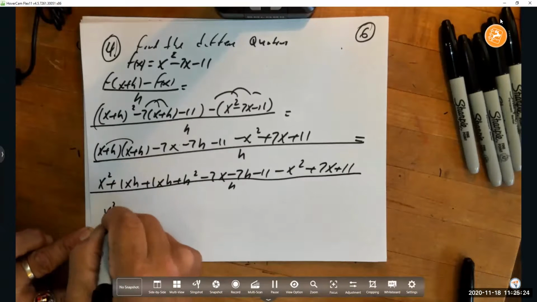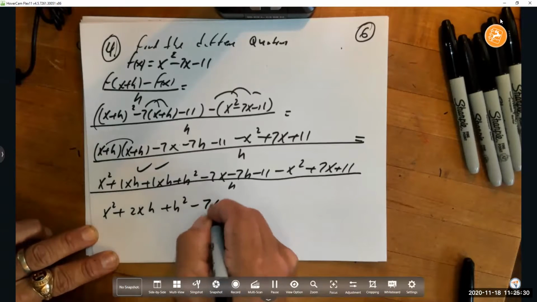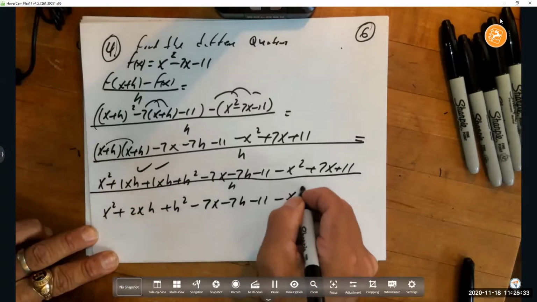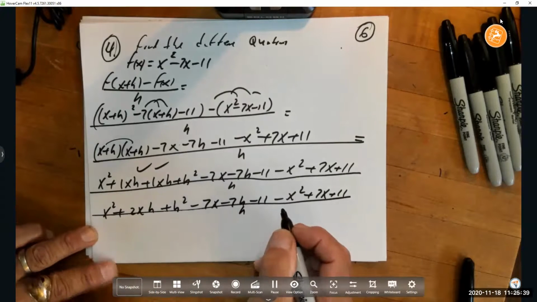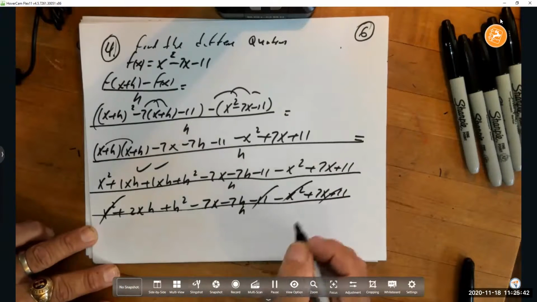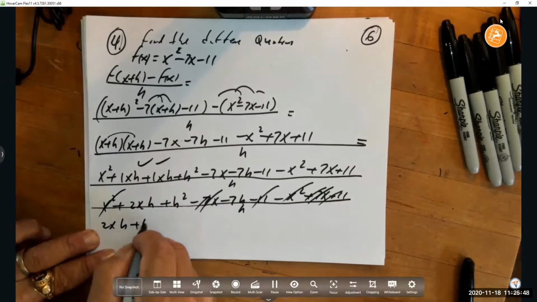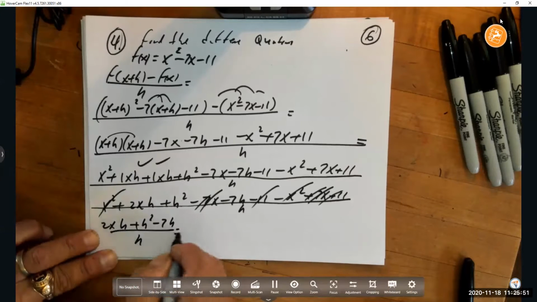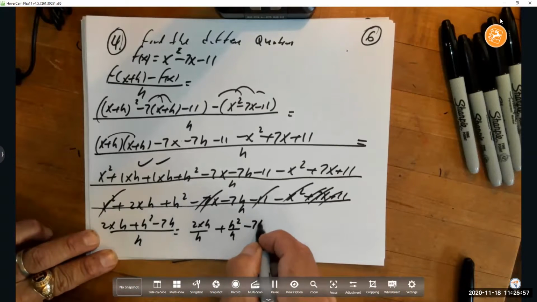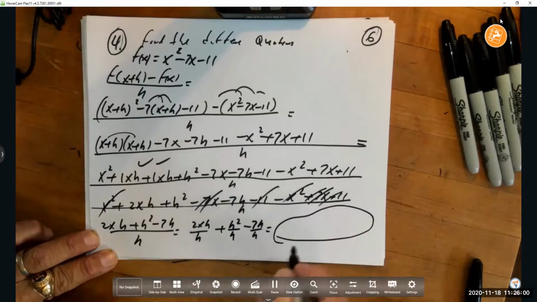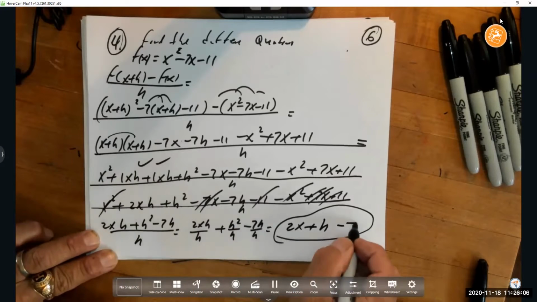So x squared plus 2xh plus h squared minus 7x minus 7h minus 11. So let's see, the 11s are gone, the squares are gone, 7x minus 7x is gone. 2xh plus h squared minus 7h, over h. 2xh over h plus h squared over h minus 7h over h is 2x plus h minus 7.